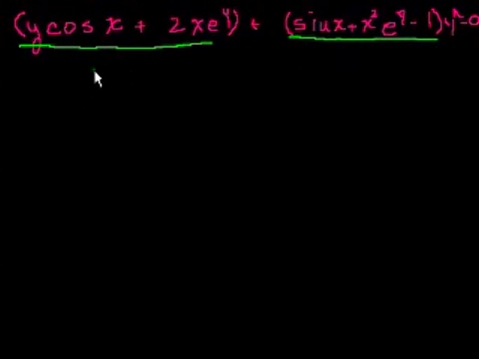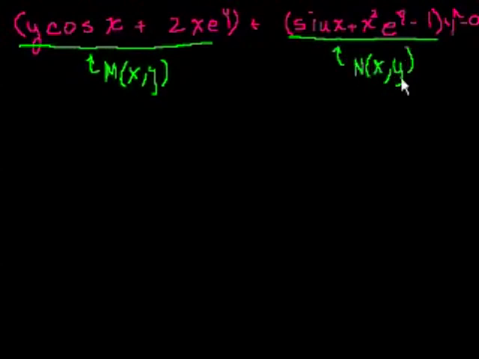So, if this is an exact equation, this is our function M, which is a function of x and y, and this is our function N, which is a function of x and y. Now the test is to see if the partial of this with respect to y is equal to the partial of this with respect to x. So let's see.